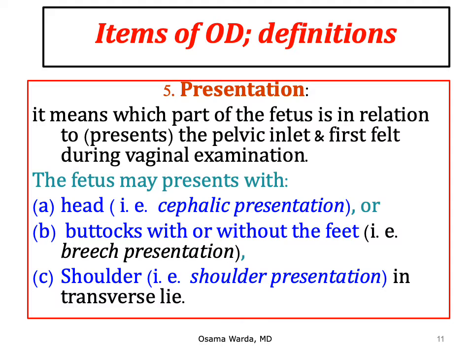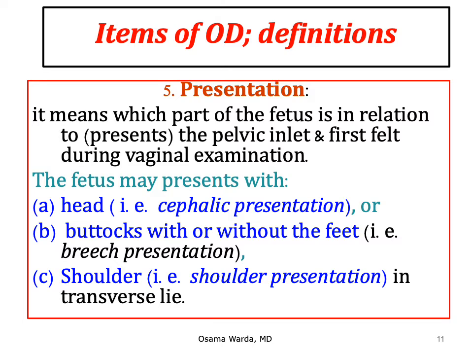The second type is when the legs are extended in front of the fetus, so the hip joints are flexed, but the knee and ankle are extended.